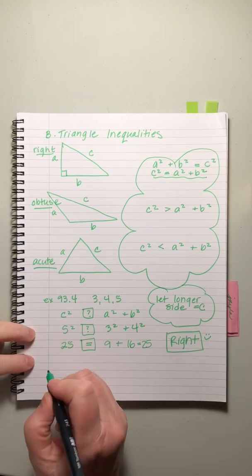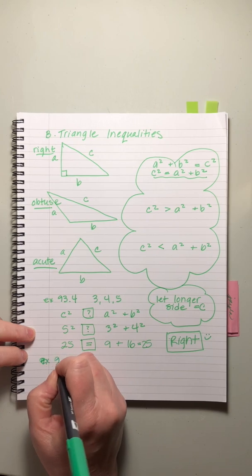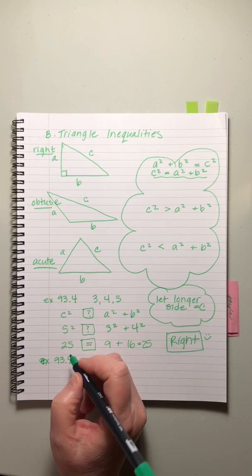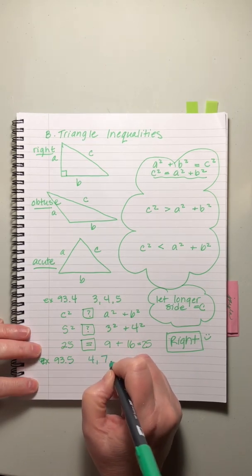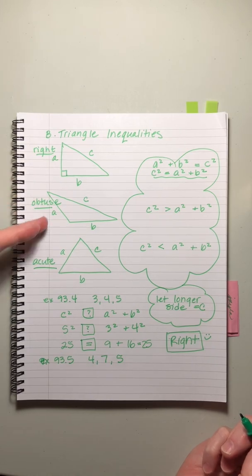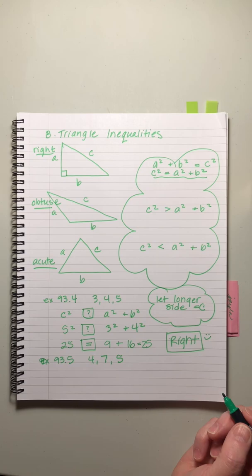And then we have example 93.5. It says classify the triangle whose sides are 4, 7, and 5. Once again, John's just asking us those categories, and we use these tools to help us figure it out.